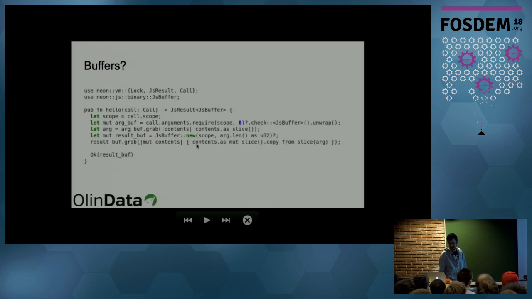And in this case, you put the mut, so then we say that this argument is going to be mutated. Then we just say copy from slice, which copies that original buffer into it. So then we can return that buffer, and then JavaScript has a new buffer around.